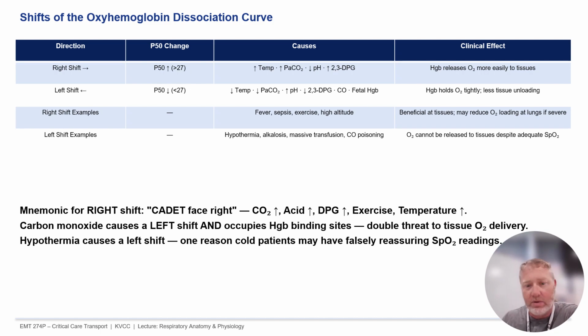So whenever you have a patient with suspected CO poisoning, you'll put the pulse ox on. It'll very likely read high, but know that their actual PaO2, the arterial partial pressure of oxygen, the actual amount of oxygen being loaded and unloaded at the cellular level, at the tissue level, is almost always very low.